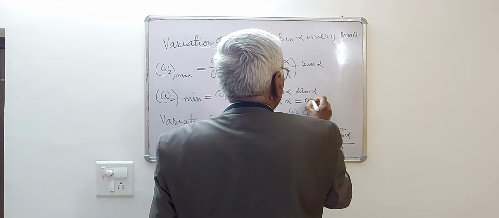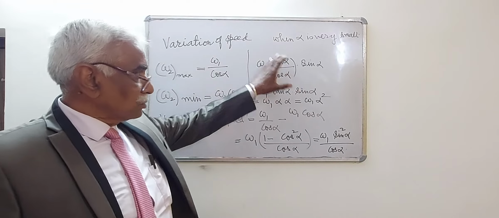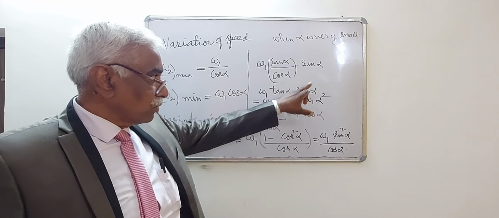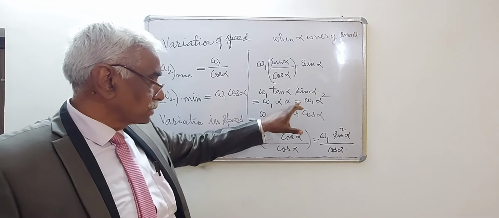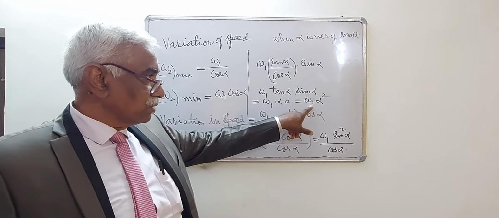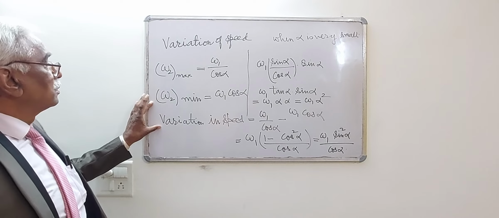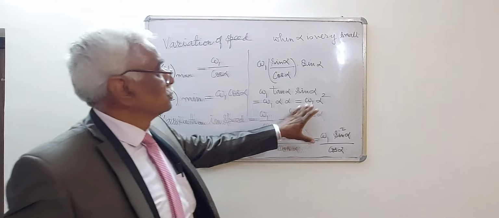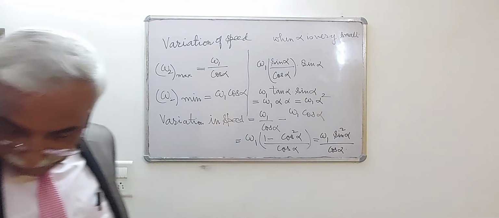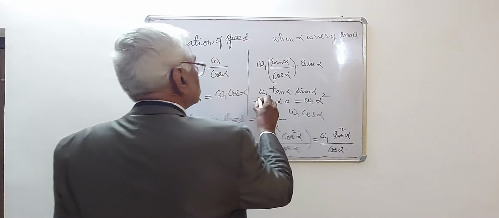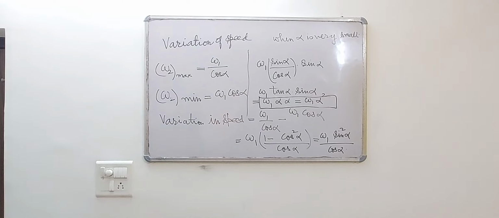Then the variation in speed will be omega 1 alpha square. So the maximum variation in speed of the driven shaft will be this much, omega 1 alpha square.